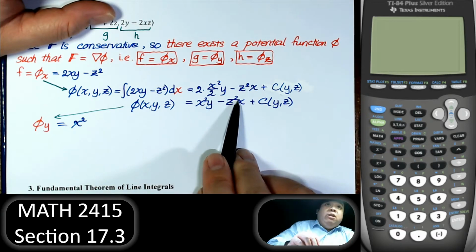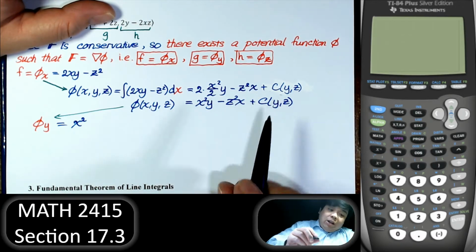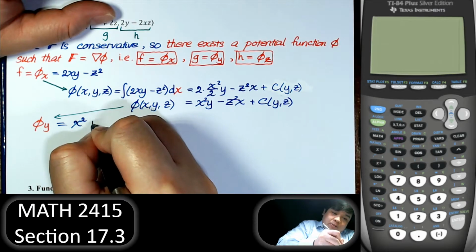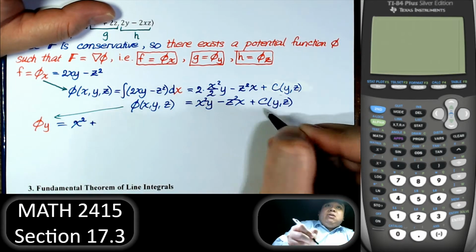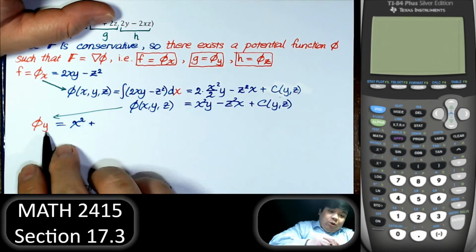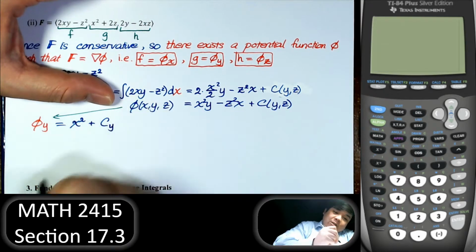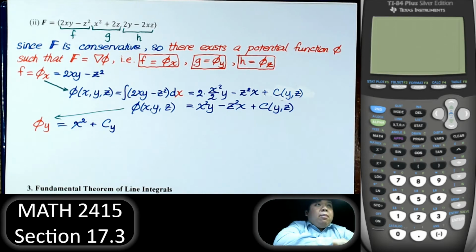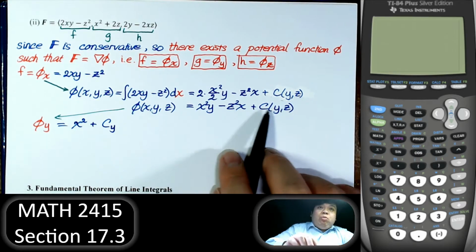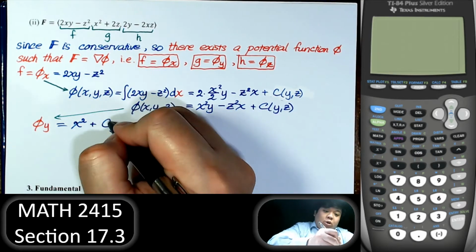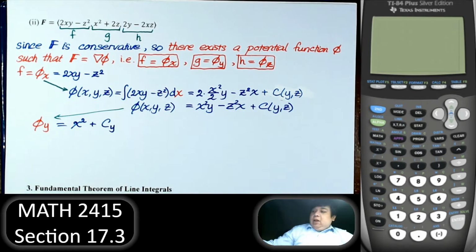That constant's derivative is 0. That one has y in it, so we will have the derivative of c with respect to y.